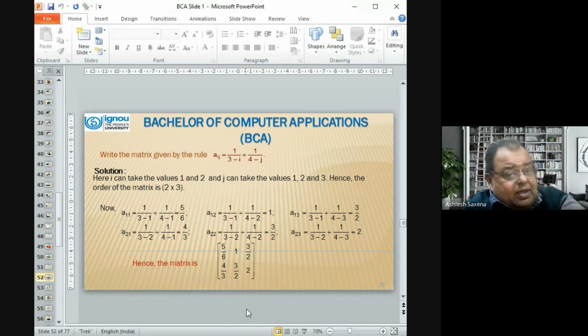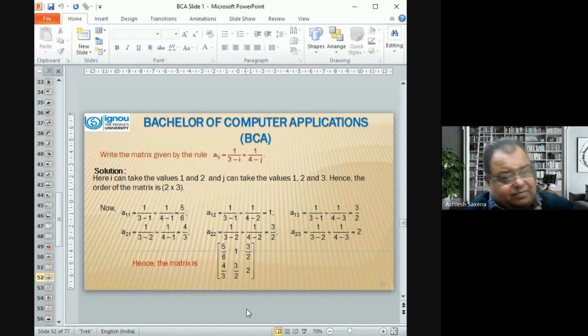2 by 3 means there will be 2 rows and 3 columns. Now, if I pick up A11, it means I will be replacing i by 1 and j by 1.